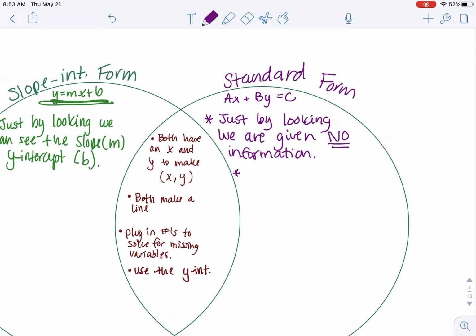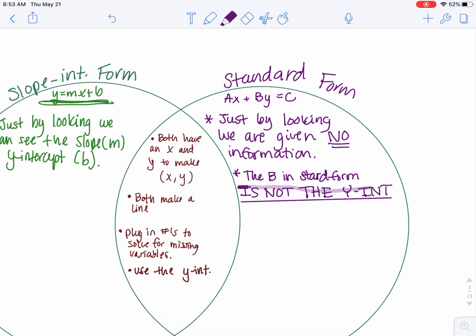I'm zooming through. The B in standard form is not the y-intercept. That is why it's capital. Okay? I know that's silly.